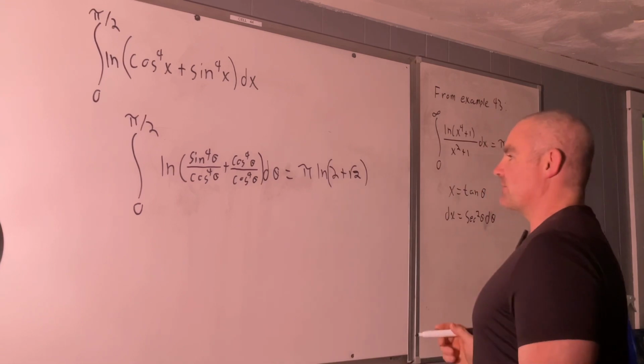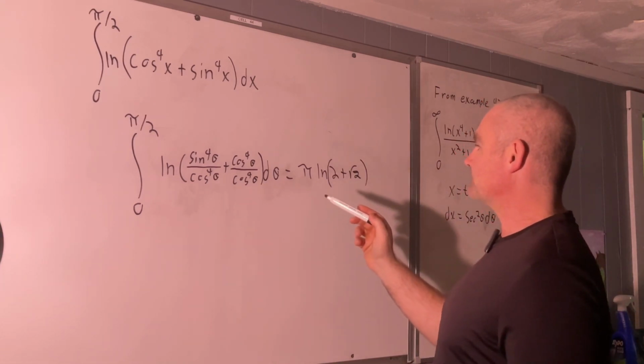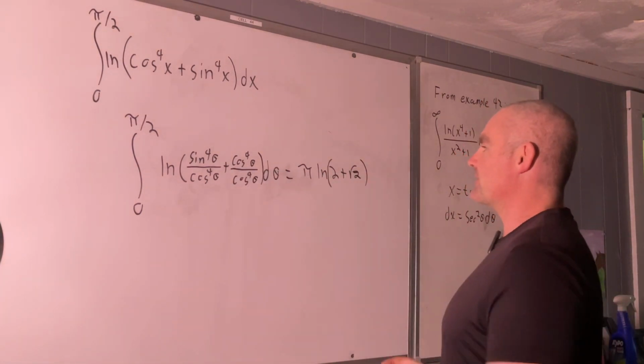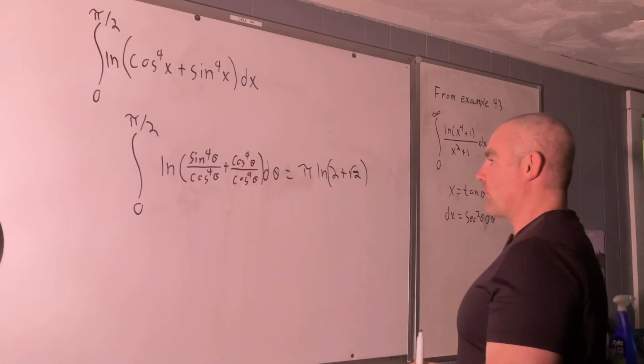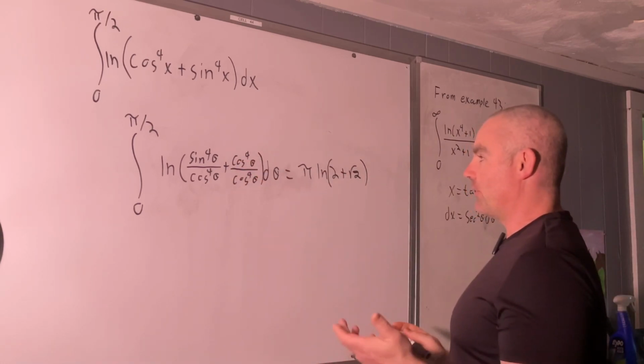All right, so what does this mean? Well, you can see that this is just going to become sine to the fourth theta plus cosine to the fourth theta over cosine to the fourth theta.